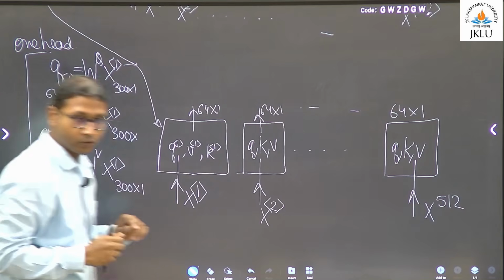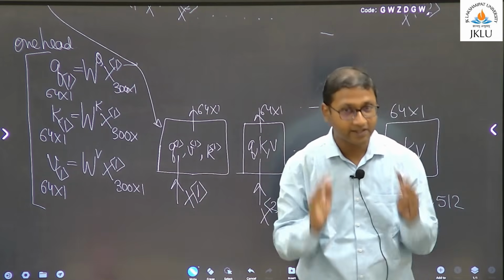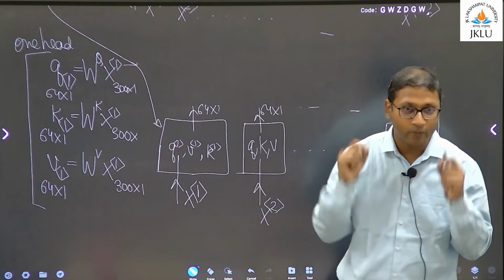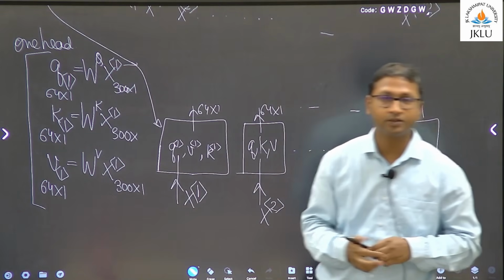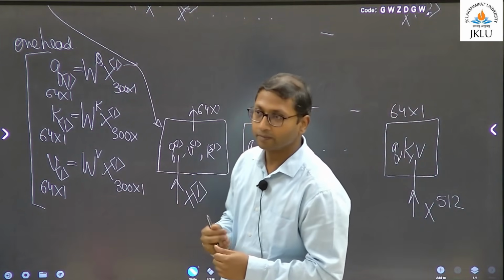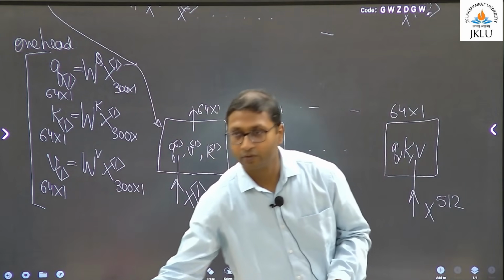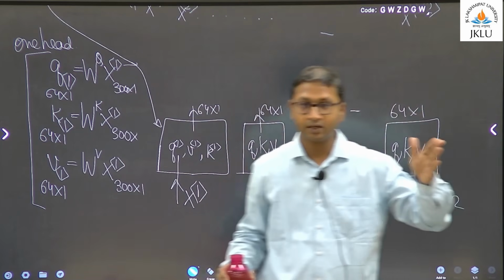You have how many heads you want? 8 such heads. If you have 8 such heads, how many WQs, WKs, WVs you will have? You will have as many WQs, WKs, WVs, as many heads you want.